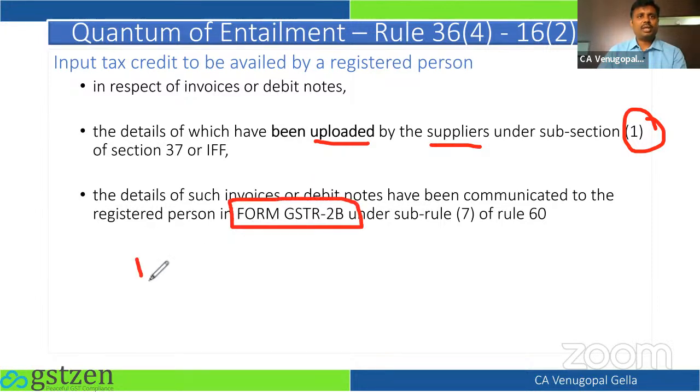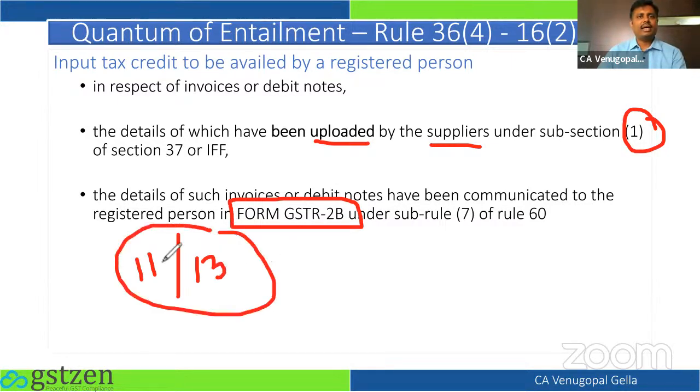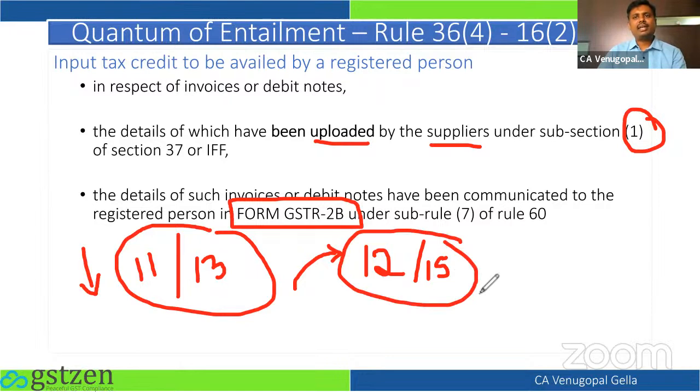That means the due date to file GSTR 1 is 11th, and the due date to file IFF is 13th. If someone is filing the information, they have to file within this period. If they file after that, say GSTR 1 on the 12th, or IFF on, let's say, the 15th, then the credit will not be available in this month.